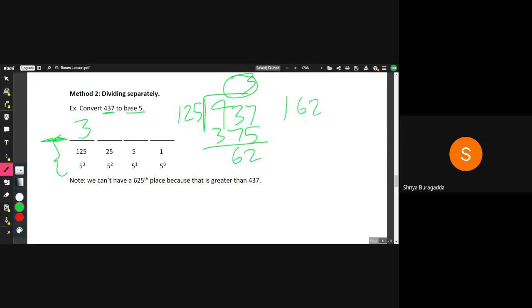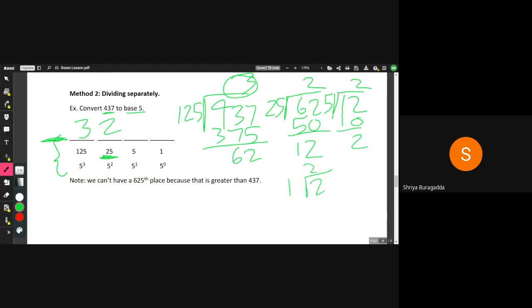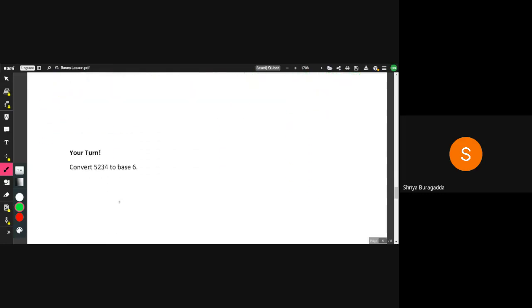Now 62, we're going to divide by 25, and 25 goes into it twice. I know you guys know how to divide, but I'm just writing it out for the recording. And now the 12, we're going to divide by 5. And then, of course, the 1 goes into the 2 twice. So your answer is 3222 in base 5.